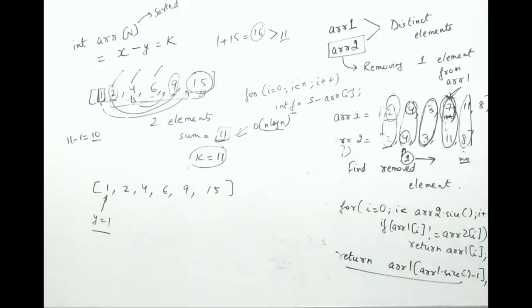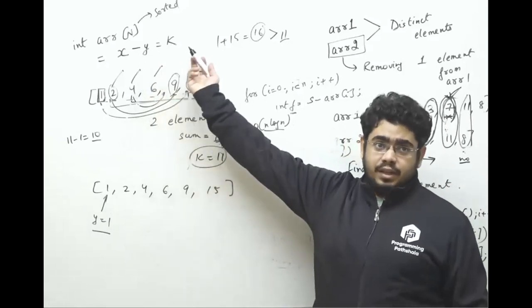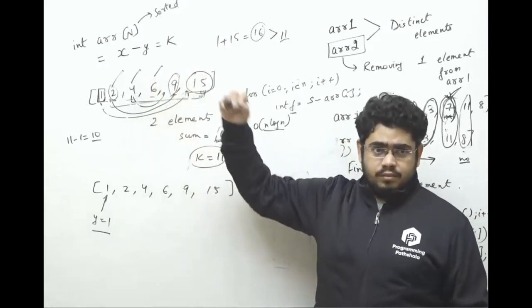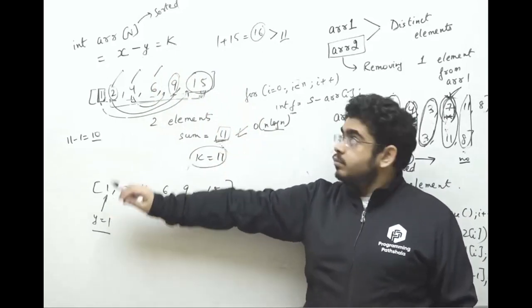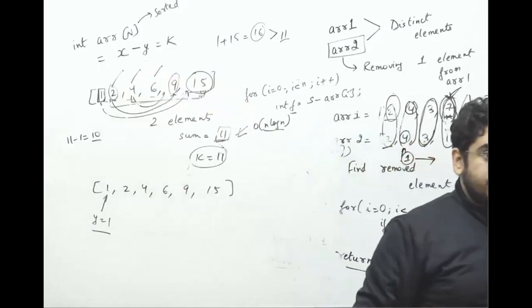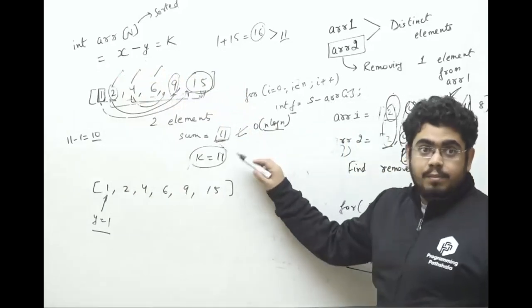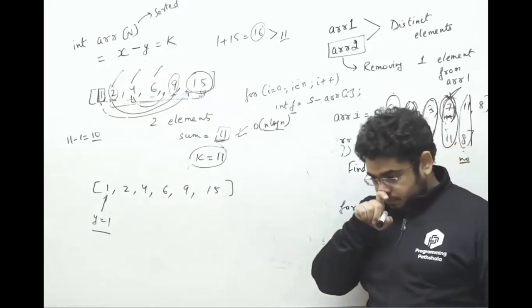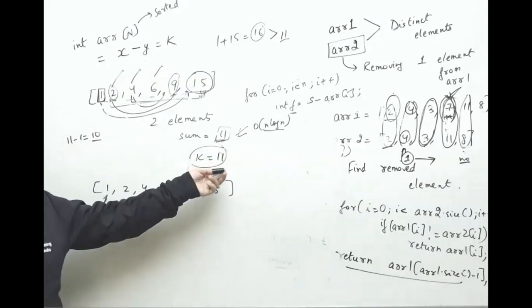Can everyone tell? Now we had to find x minus y is k. Find two elements whose difference is k. I've slightly modified it. So let's say the first one is 1 that I fix here. What would be the second one? Its pair. Can I say it will be 11 plus 1, which is 12? Yes or no? If k is 11, it will be 11 plus 1, which is 12.